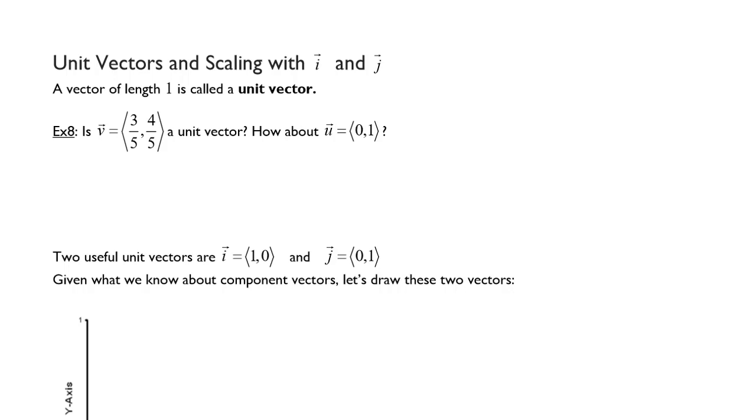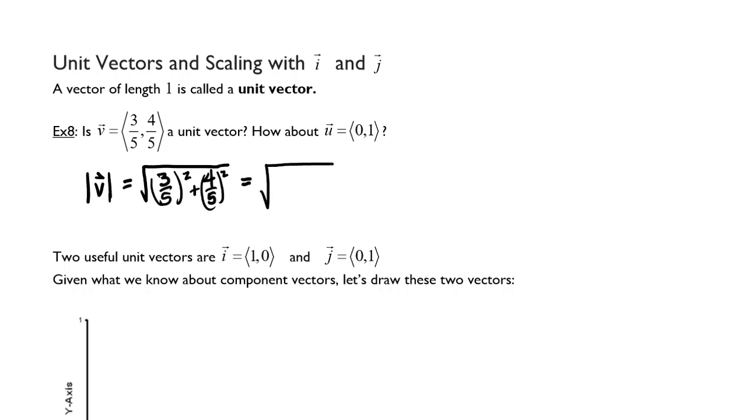Let's see if we can take the vector v with components 3/5 and 4/5 and check to see if it's a unit vector. We can do this by using the magnitude formula to see if we'll come out with a length of 1. Checking for the magnitude of v, we'll get the square root of (3/5) squared plus (4/5) squared.